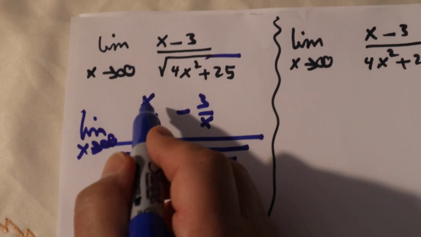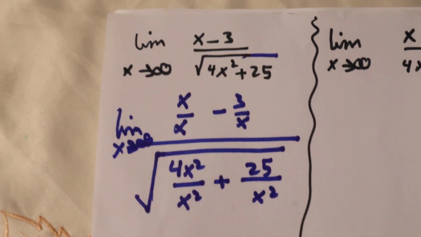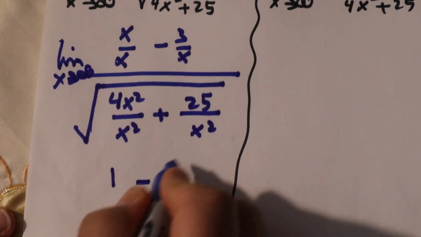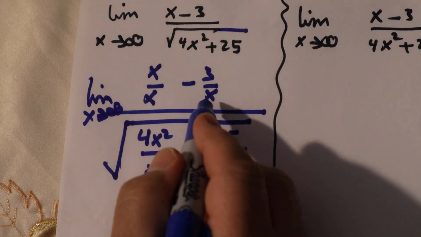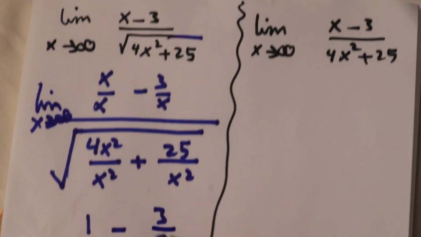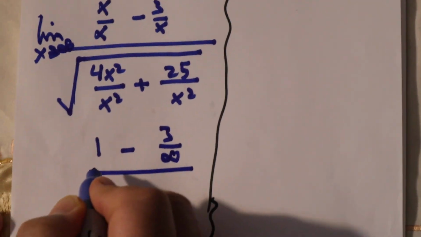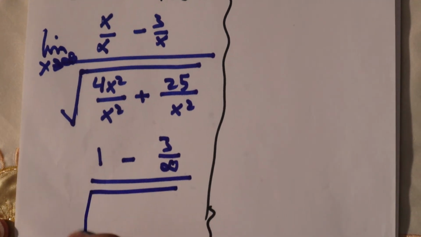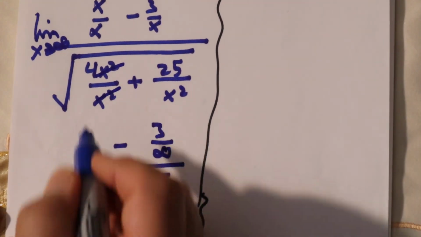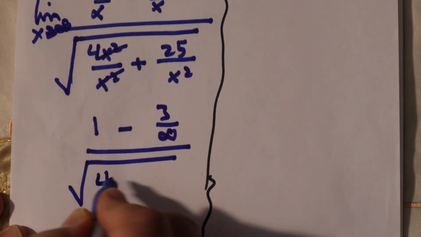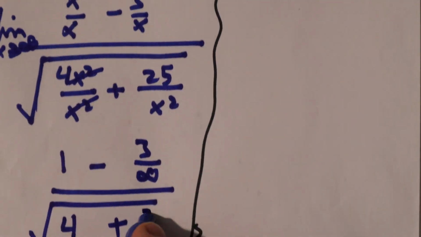And now you see that x divided by x is 1, minus 3 over, when you see x, just plug in infinity, it's over infinity here. Divide by the square root of x squared, cancel x squared, then 4 left, plus 25.